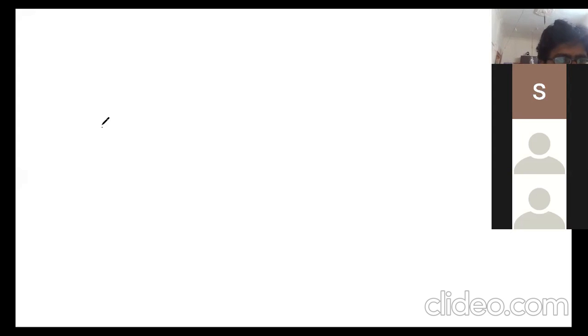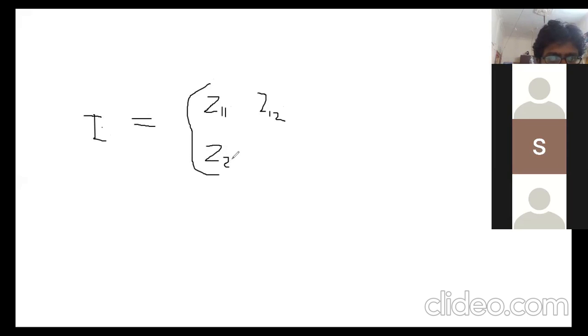The Z matrix is equal to a matrix whose first element is Z11, second element is Z12, third element is Z21, and fourth element is Z22. Similarly for the Y parameters: here y11, here y12, here y21, and here y22.